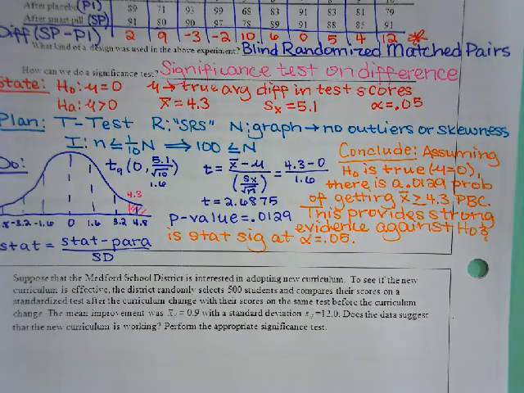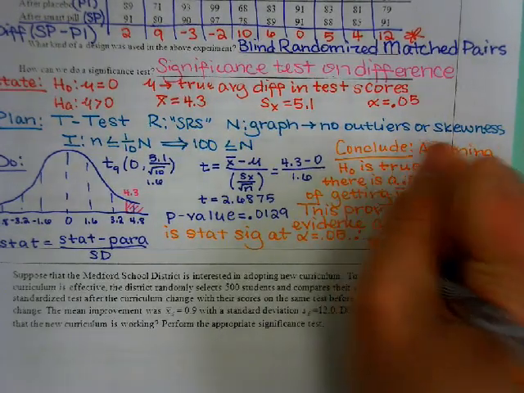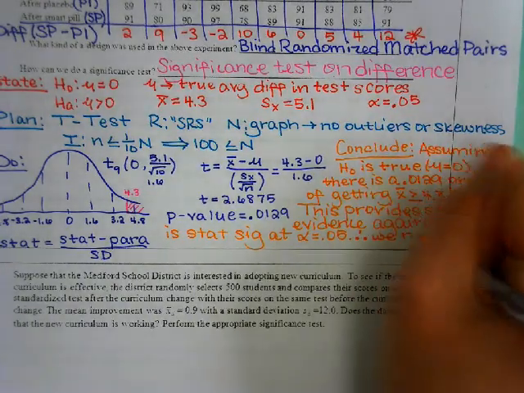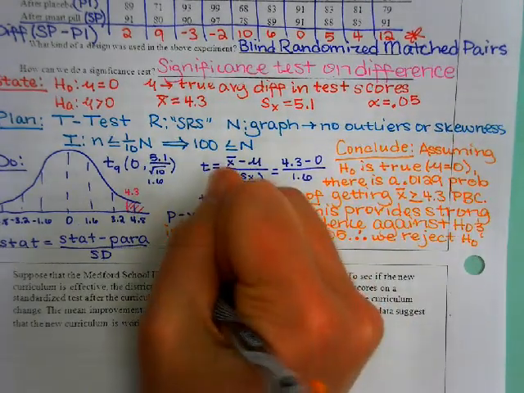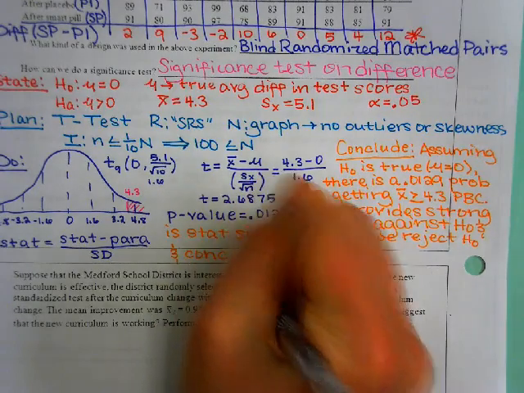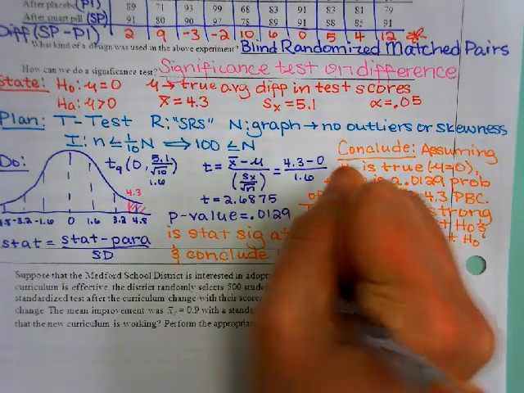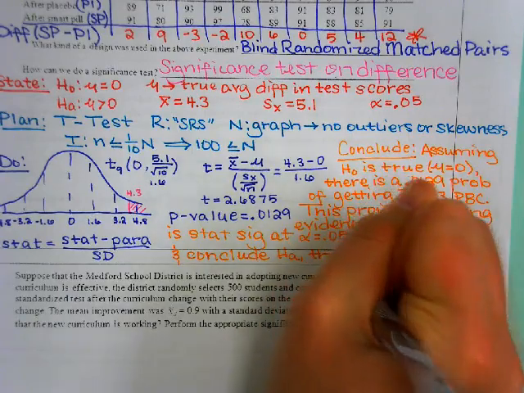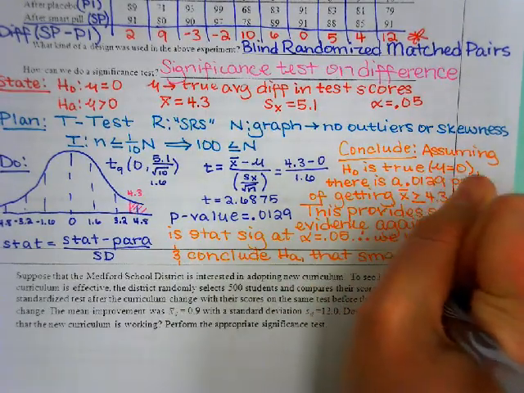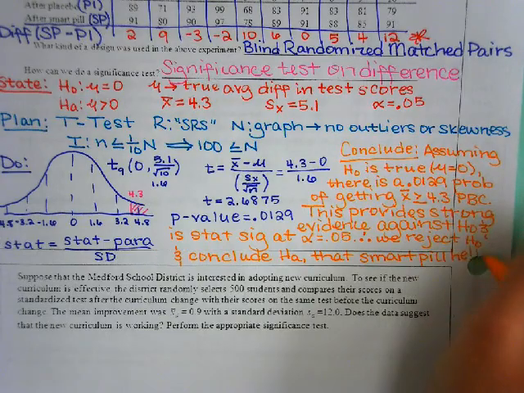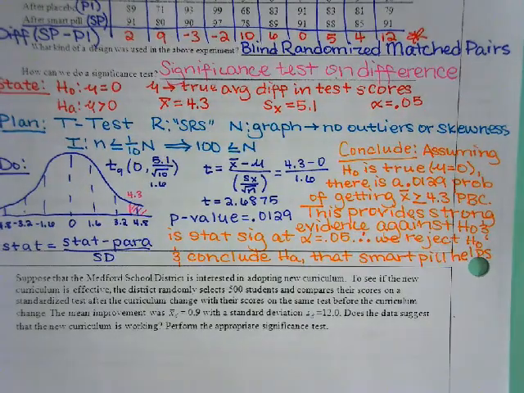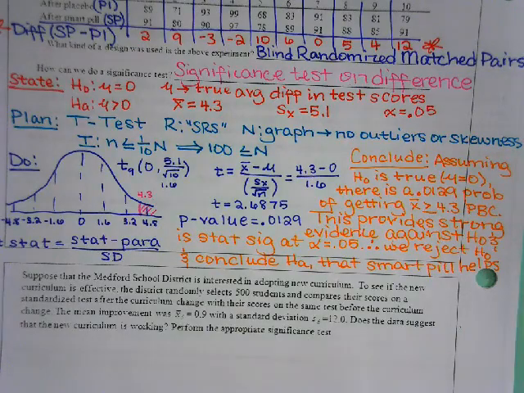Therefore, we reject H null and conclude HA, that the smart pill improves test scores. Questions?